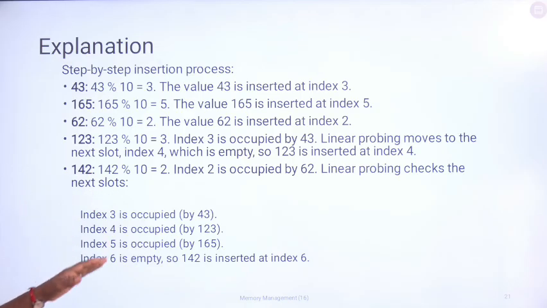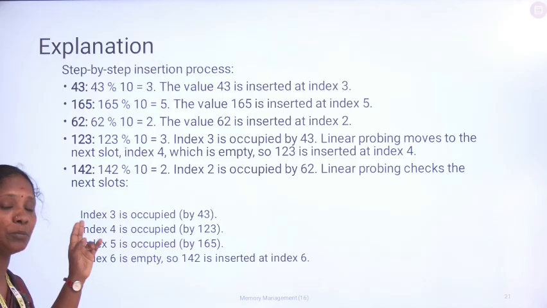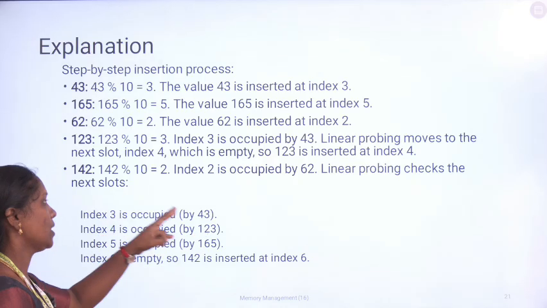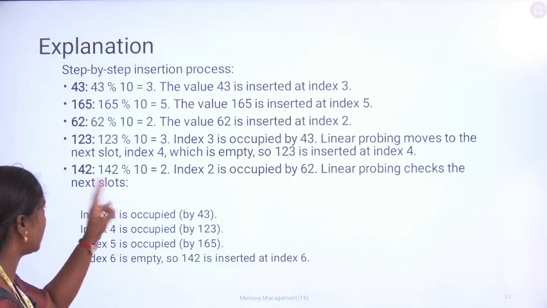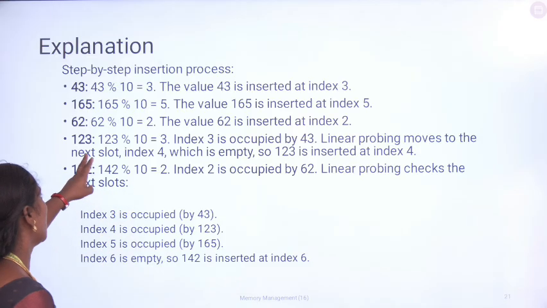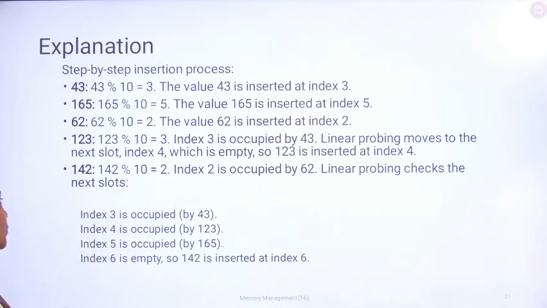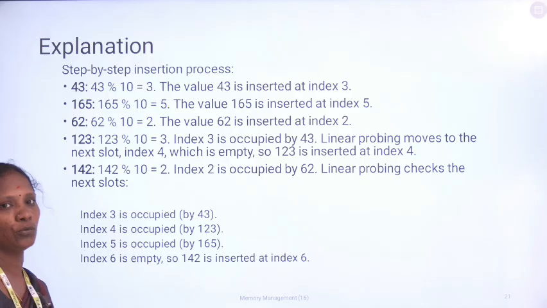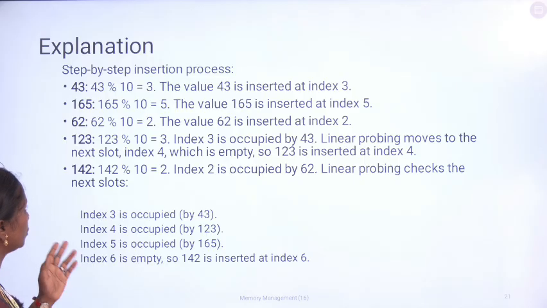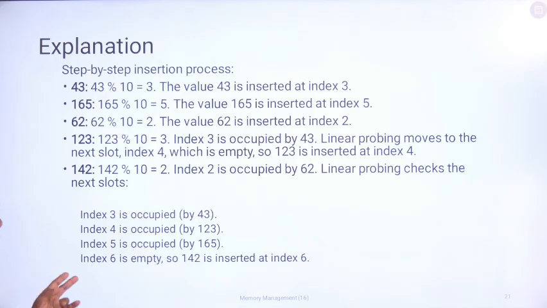It is going to be stored at index 4, which is empty in the array. So 123 is inserted into index 4, and then 142 modulo 10 equals 2. This index 2 is already occupied by 62, so it will go to linear probing, the next slot.